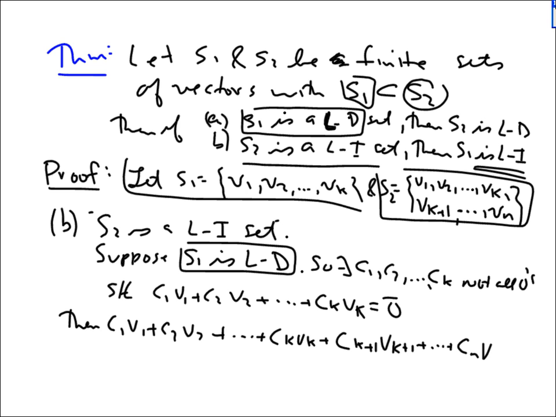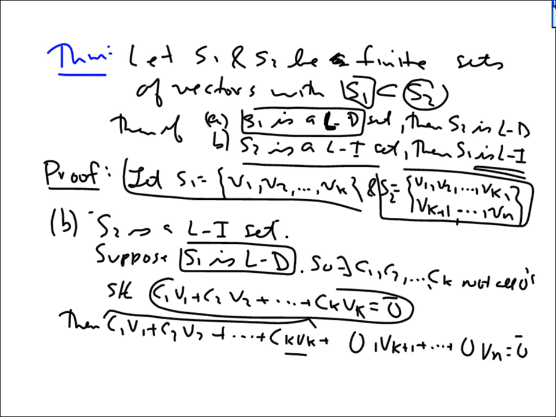Oops, making one little mistake, sorry. These coefficients are all going to be 0. For the last part, above VK, all my coefficients are 0. So I know that's a 0, and I know that's 0 because we said it above. So sure, the sum is 0. You add the zero vectors, you get the zero vector.